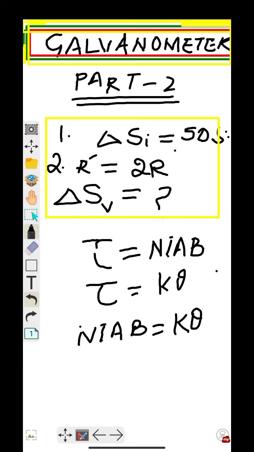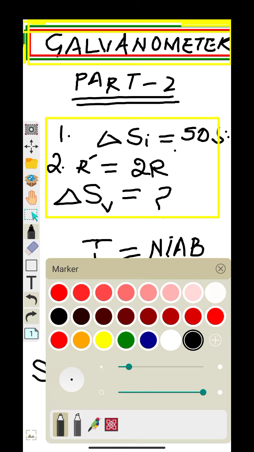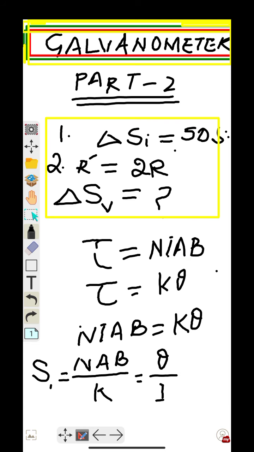Now this expression could be written as theta upon I is equal to N A B upon K. This is what we call the current sensitivity, that is deflection per unit current.